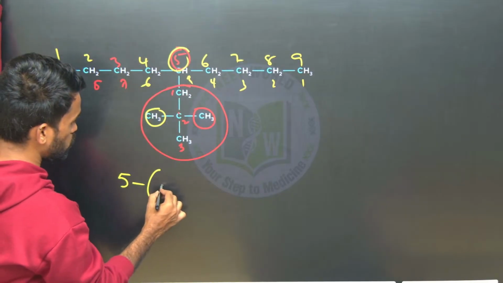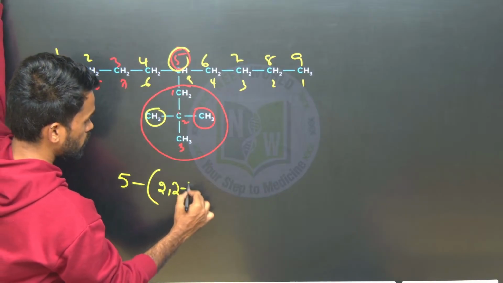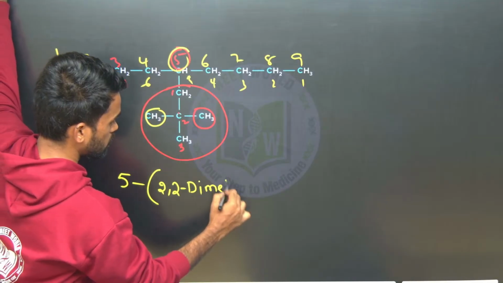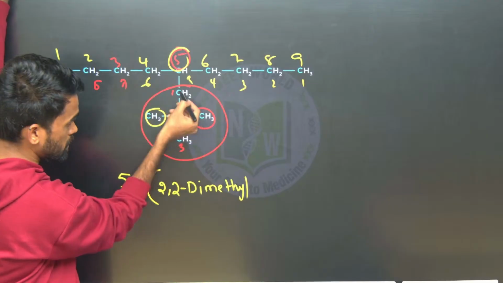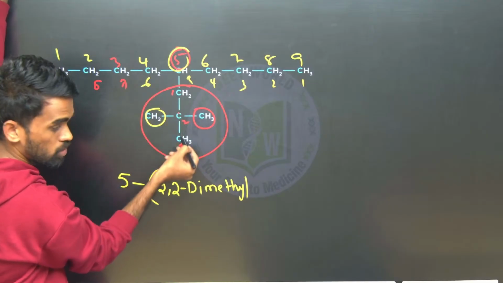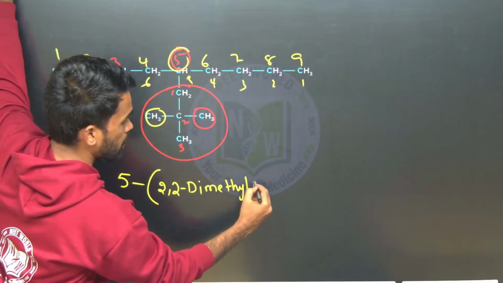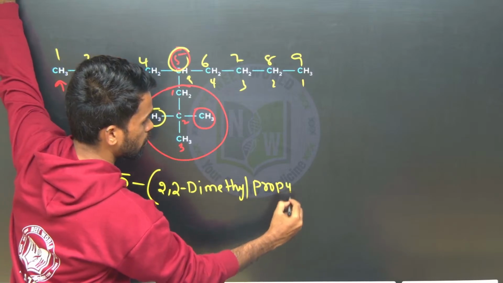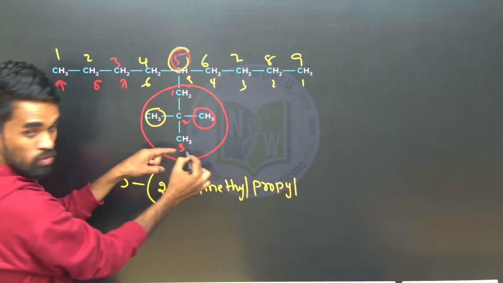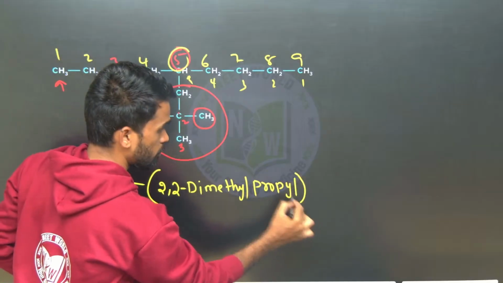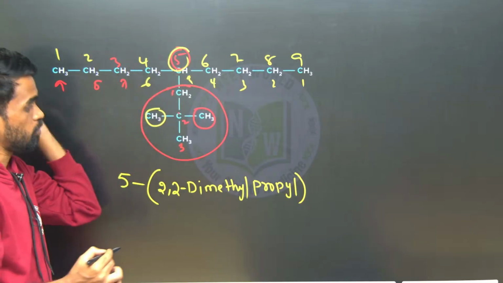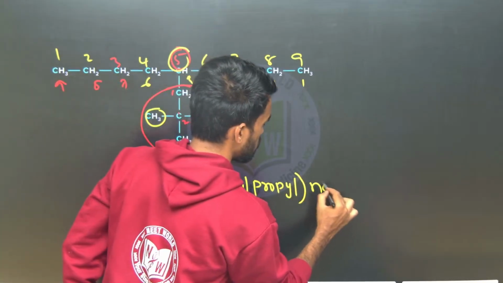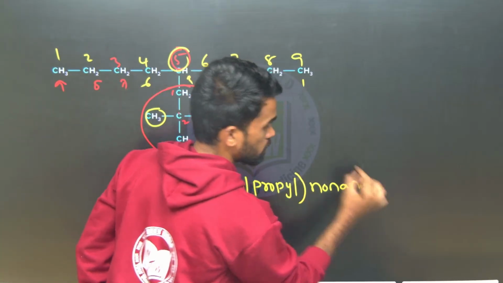So at second position, 2,2-dimethyl, and this is over. Next, this is the chain now, sub chain this one only. So dimethyl propyl, over. Complete naming is over for this chain. Close the bracket. Propyl, and now you can write this. Propyl nonene. Is this clear or not? Very simple.